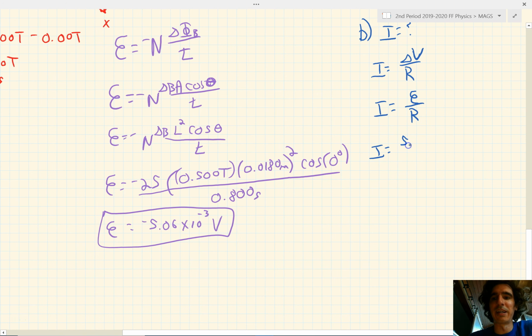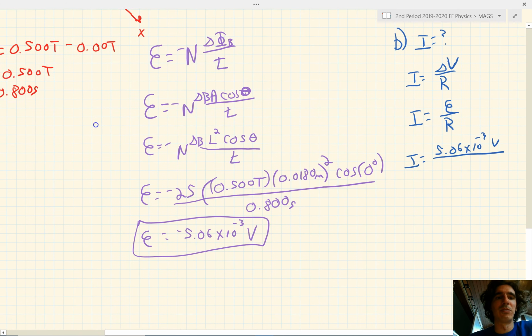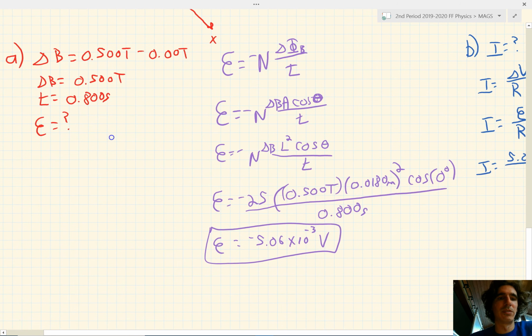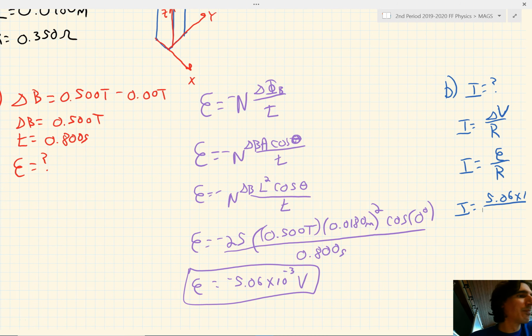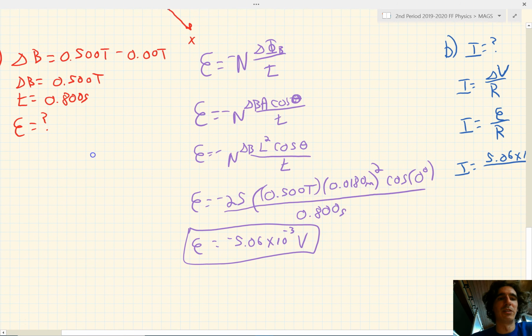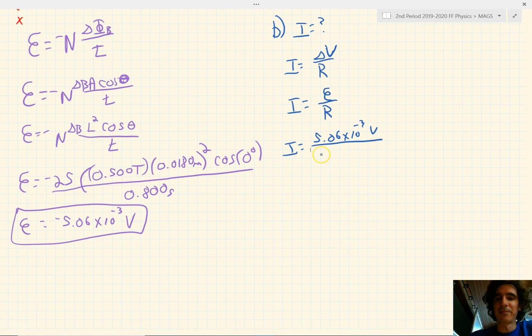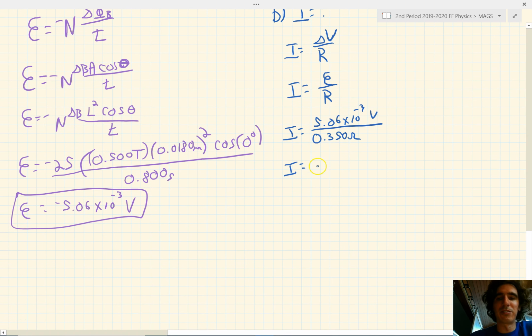So take out the negative, so 5.06 times 10 to the negative 3 volts, all over the resistance of, what was R? 0.350 ohms. We plug and chug and we get the magnitude of the current to be 1.44 times 10 to the negative 2 amps.